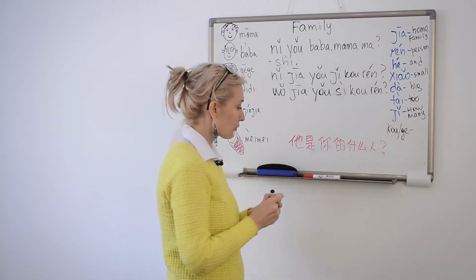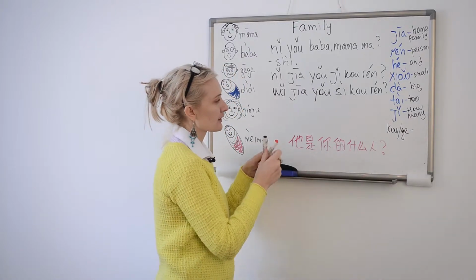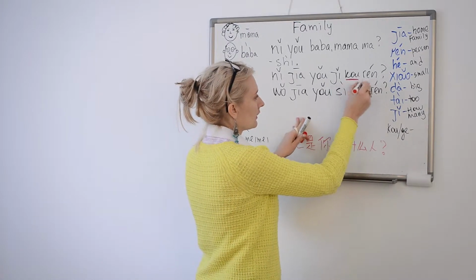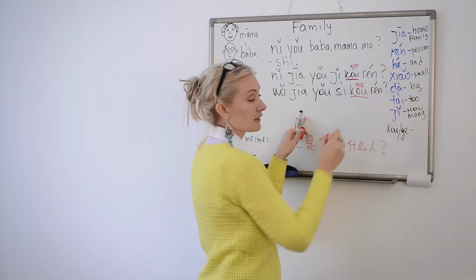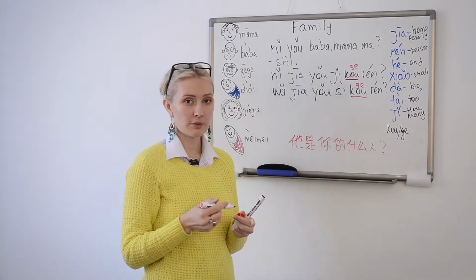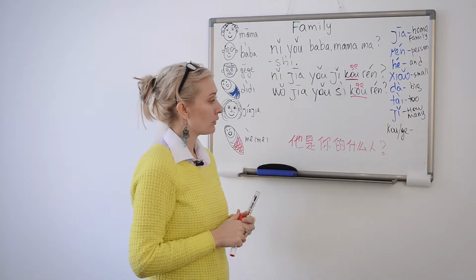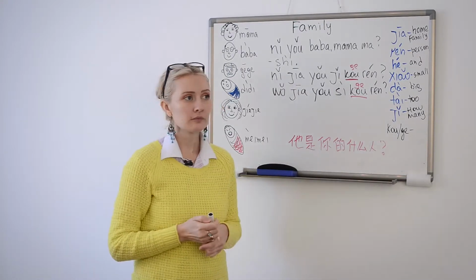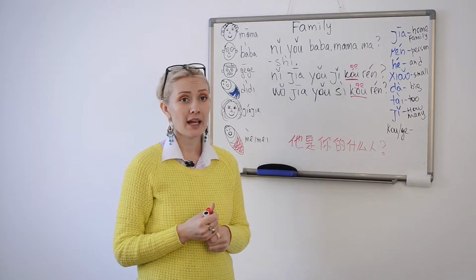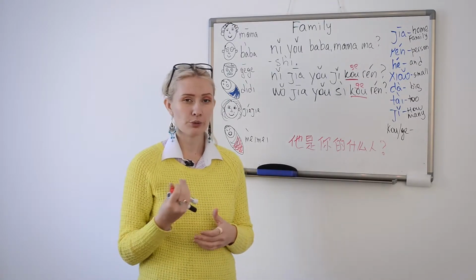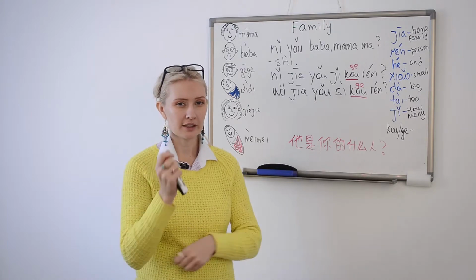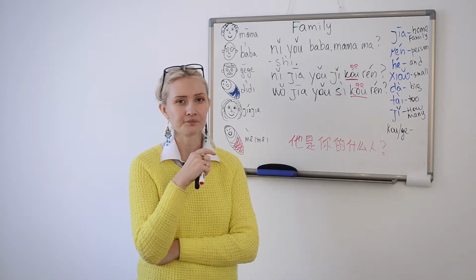Or, as I told you already, if I used ge, you will use ge to answer, right? For example, I also want to ask you, do you have any brothers or sisters? How will I do that? Okay, I'll give you just a second to think.